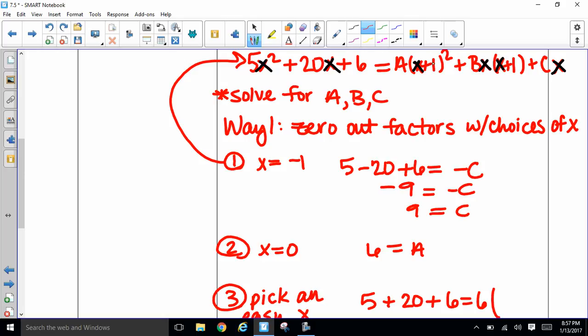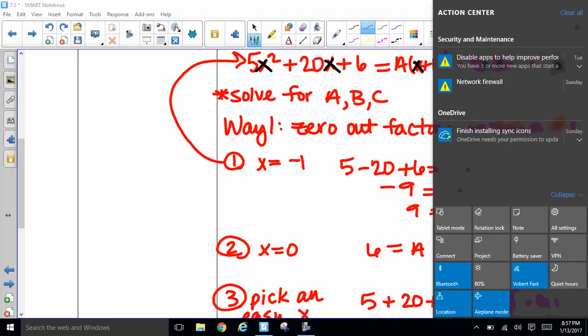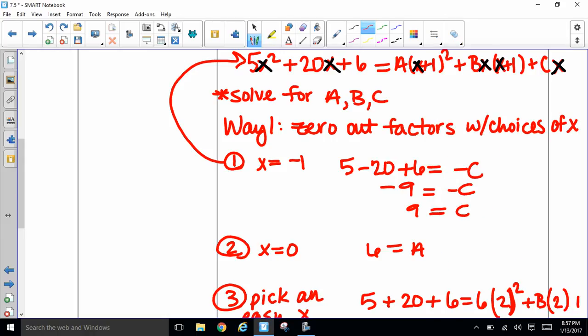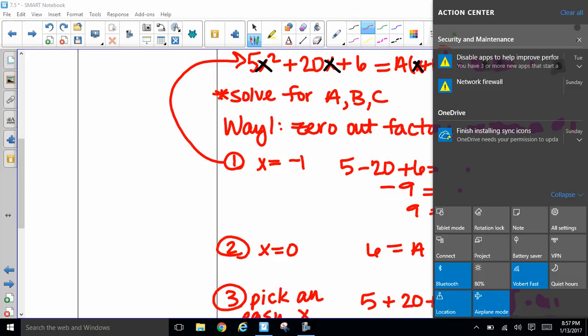So I chose 1. 1 plus 1 is 2, and 2 squared is 4. Then plus, I'm trying to figure out B, so I don't know what it is. X I selected as 1, so that I don't need to write. Multiplying by 1 doesn't change anything. But here, x I selected as 1. 1 plus 1 is 2. Plus my C value.